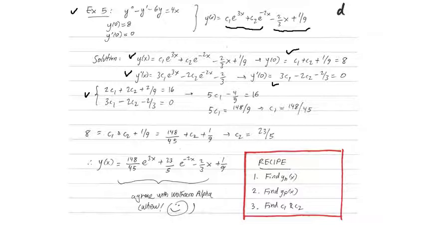If we just add those two equations now, we'll have C2 eliminated, and then 5C1 minus 4/9 is 16, which we then solve. You're probably going to want to use a calculator for some of these calculations. So C1 turns out to be 148 over 45.